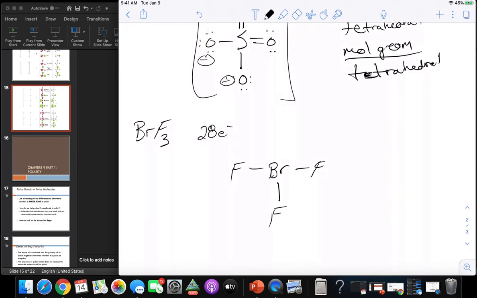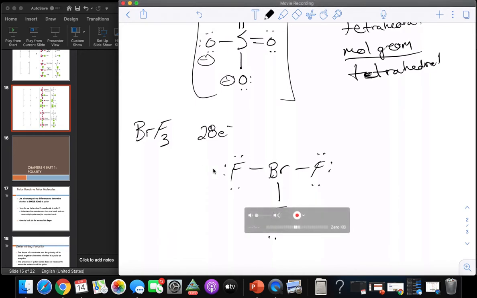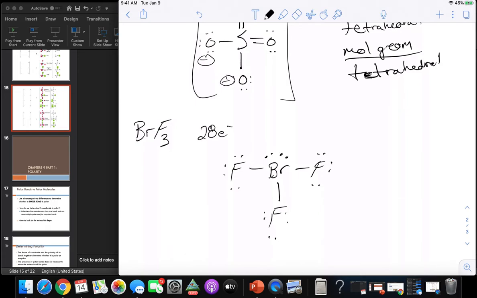So if I draw it like this to start, fill in my outer octets, get to this. And if I count how many electrons, if I have 3 octets that are filled, it's 24. I started with 28, so 4 left over means 2 lone pairs on bromine. So that's a total of all 28 electrons.